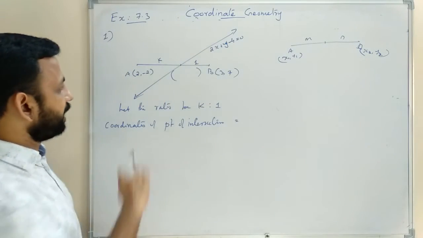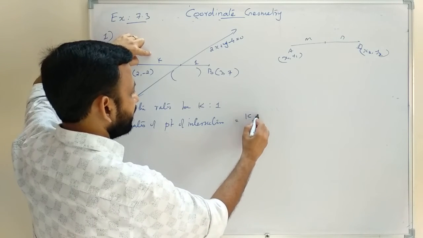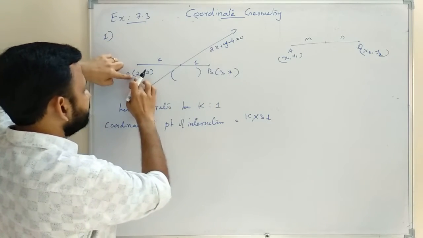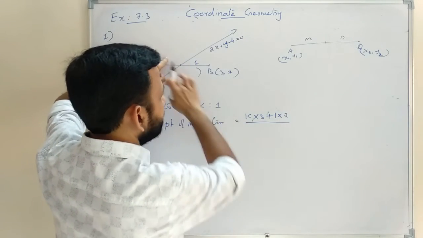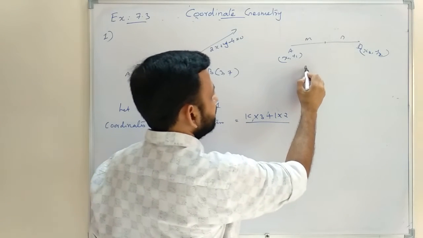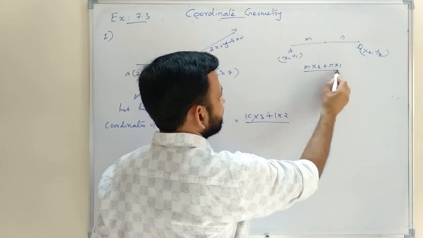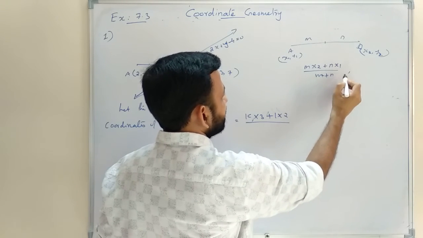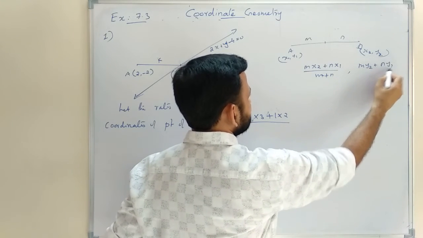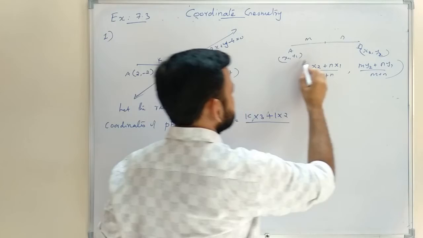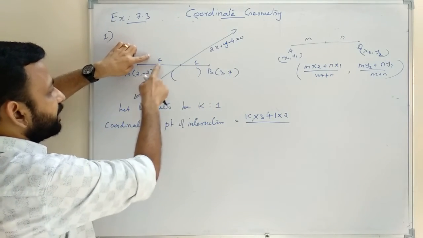So we can write k into 3 plus 1 into 2 divided by k plus 1, which is m x2 plus n x1 divided by m plus n.